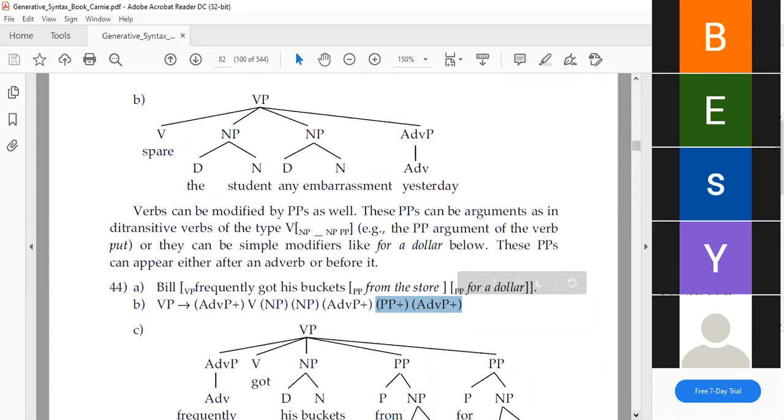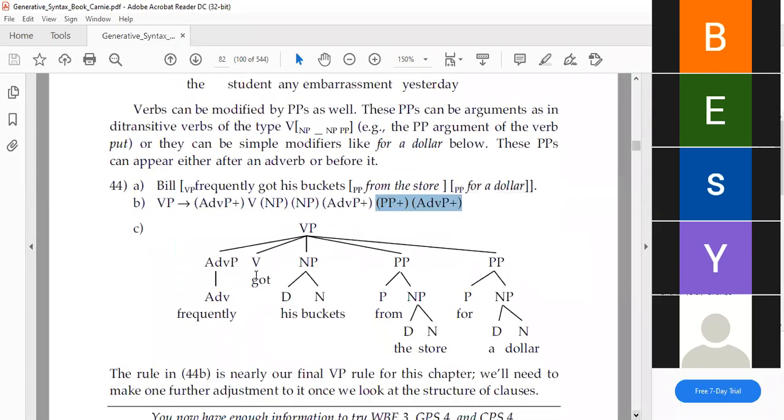And this is the tree for frequently got his buckets from the store for $1. Everything is under the VP. Then we have ADP, V, NP, PP, PP, all of them under VP. They are sisters. They all modify. Why do we have all of them under VP? Because they modify the verb got.